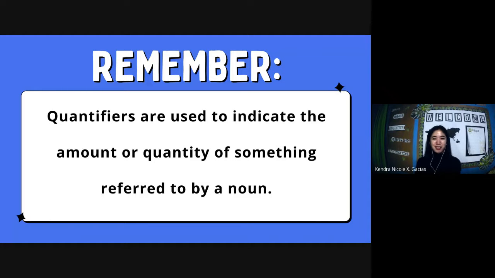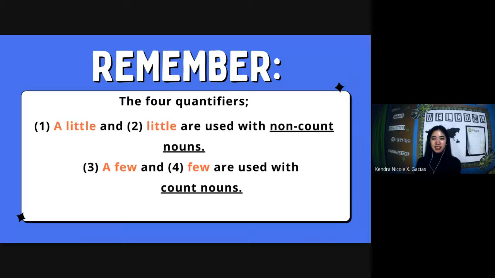All right. So next, we have four quantifiers. A little and little are used with non-count nouns or uncountable nouns. And the next pair are a few and few. These quantifiers are used with count nouns or countable nouns.